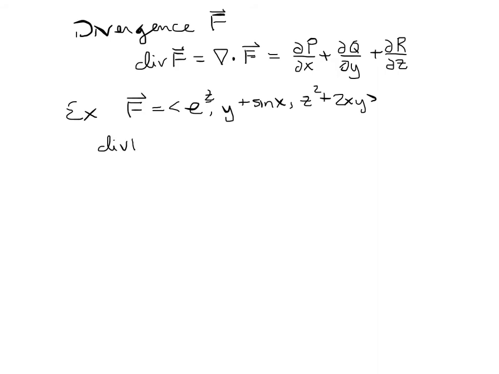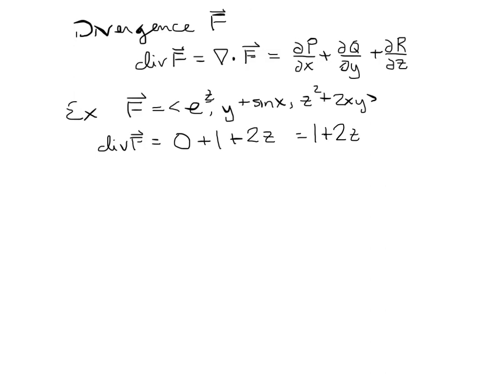And if we find the divergence of this vector field, we take the partial of the x component with respect to x. Well, there's no x in there, 0. The partial of the y component with respect to y, there's a y in there, the number out in front is 1, so that would be 1. Plus the partial of the z component with respect to z, and there's a z in there, so the derivative would be 2z. So the divergence of F is going to be 1 plus 2z.